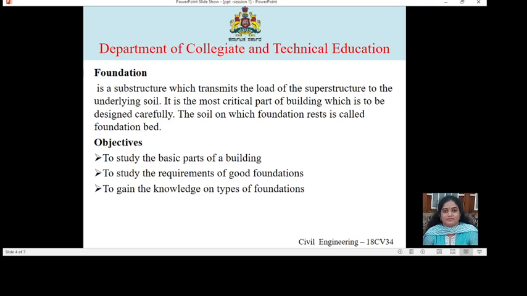There may be a number of types of foundations you may come across, but whichever is good has to be selected for the particular building. There are numerous types of foundation, and you have to select the one suited for that particular building or soil condition.